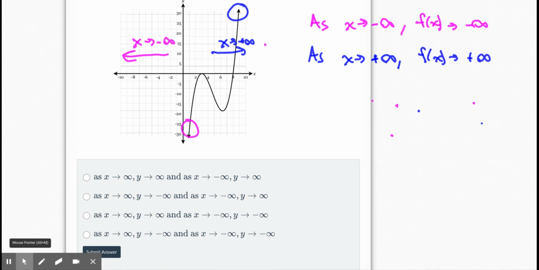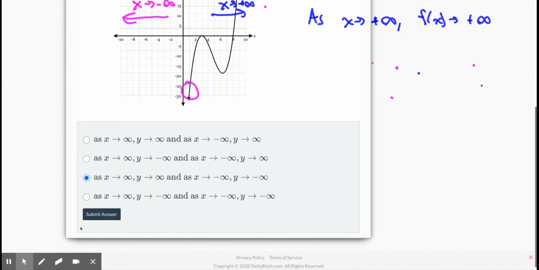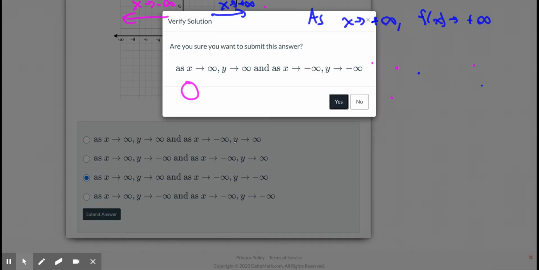It looks like they switched it around on us. So they put the positive one first. So we got as x goes to positive, y going to positive. Not that one. So it looks like this one here is x goes to positive, y to positive. X goes to negative, y to negative. So it's going to be this one. So you'd have to hunt around a little bit on these. Again, I would advise you write it out so you can match it up a little bit better.